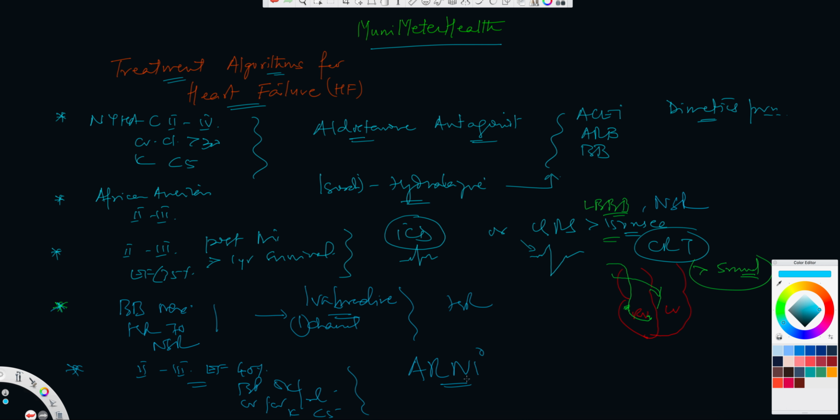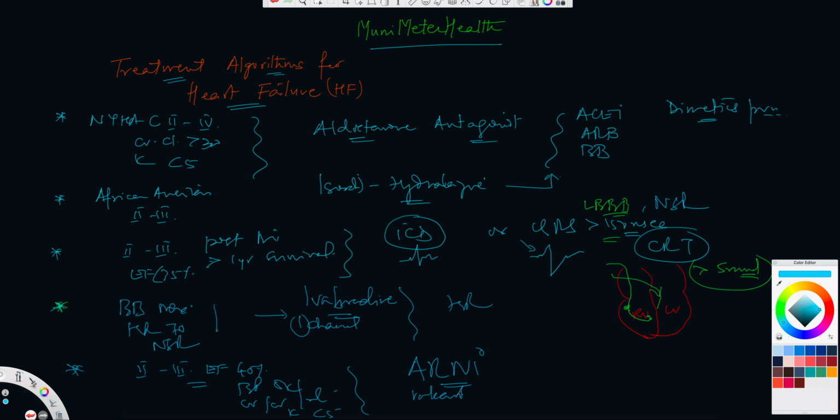It's a very important group of drug, a combination drug rather. It's an angiotensin receptor neprilysin inhibitor. So it has an angiotensin receptor blocker, valsartan, and then you have sacubitril as the combination.